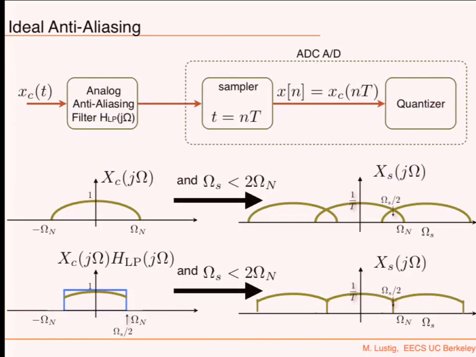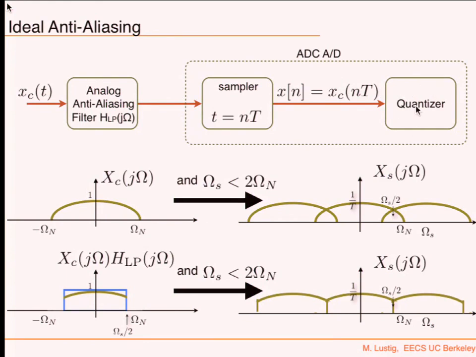So we talked about the case of ideal anti-aliasing, right? You have an analog anti-aliasing low-pass filter that perfectly selects a bandwidth for you. Then you sample it, which effectively evaluates the continuous time signal at T intervals. Okay?